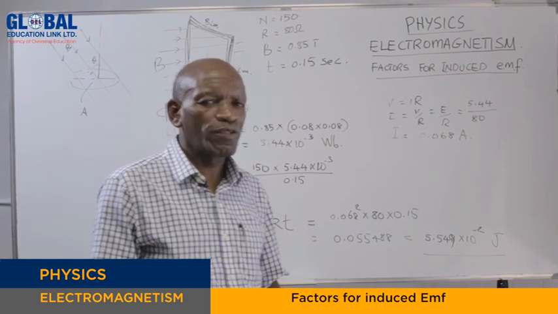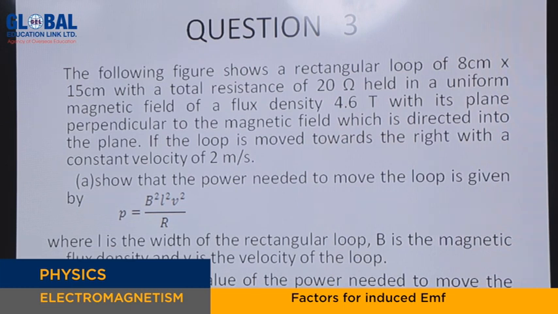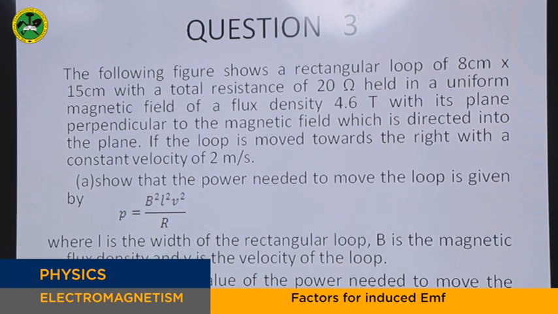Okay students, let's go to question number 3. It goes like this. There is a figure, I'll show it to you, of a rectangular loop of 8 centimeters by 15 centimeters with a total resistance of 20 ohms, held in a uniform magnetic field of flux density 4.6 Tesla with its plane perpendicular to the magnetic field, which is directed into the plane.